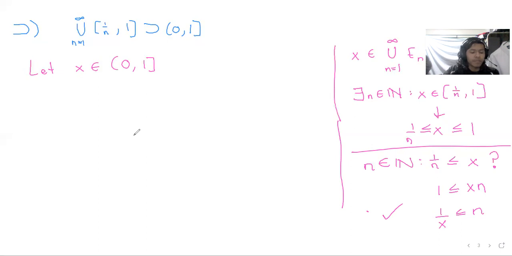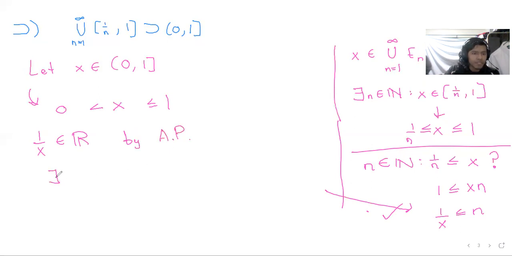And so now when we move over here, we rewrite this to show that x is greater than 0 and less than or equal to 1. And because we saw that the Archimedean principle is true, 1 over x exists in real numbers by our Archimedean principle.